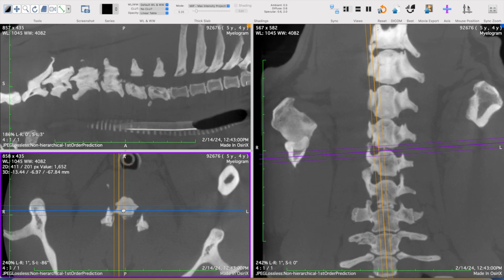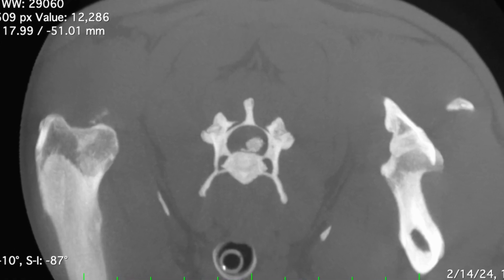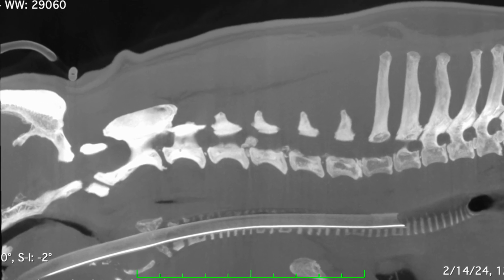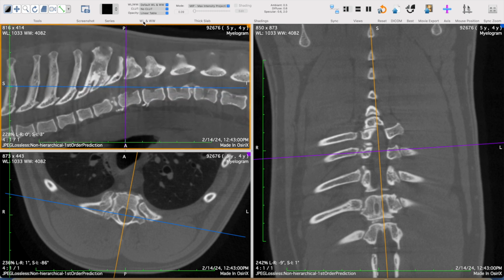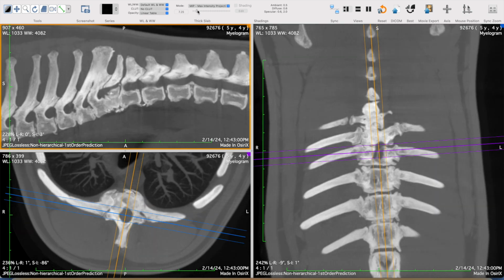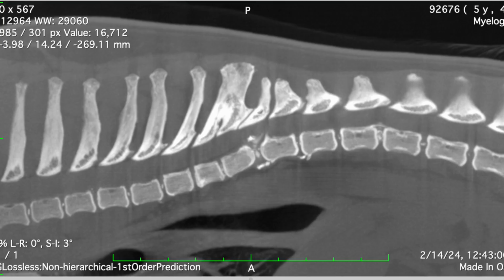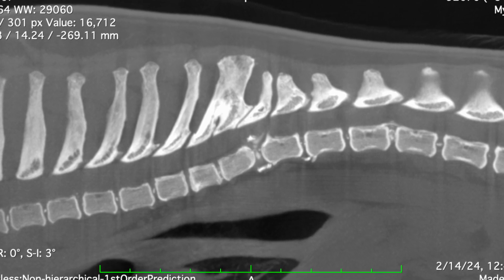Very, very spherical structure. It's the C4, C5. We're also a little bit further down seeing what's considered a malformation, along with some hemivertebra, which is essentially just a malformation. It's a congenital disease that some of these French bulldogs are born with.